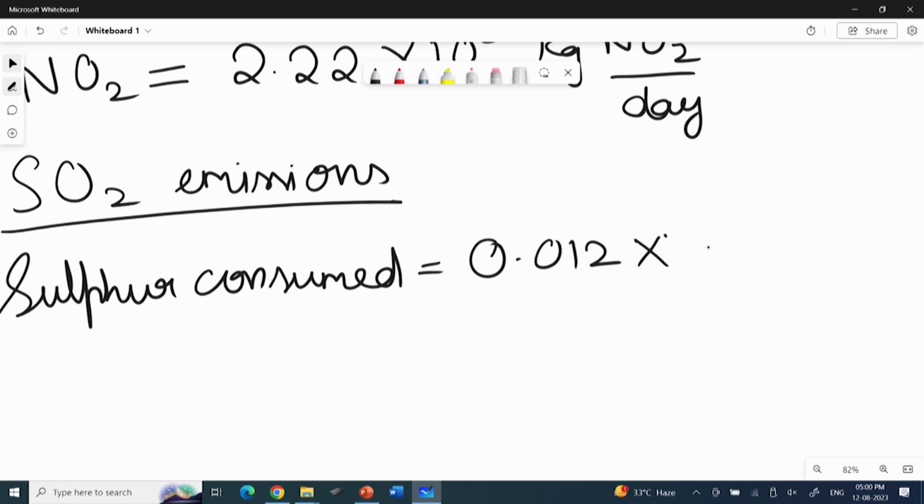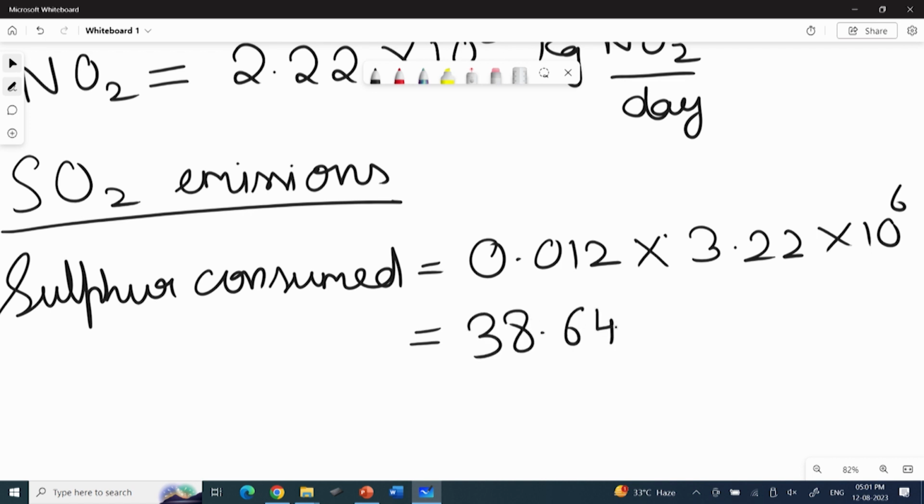We have already calculated the amount of coal utilized, 3.22 into 10 to the power 6, and this value would come around to be 38.64 into 10 to the power 3 kg of sulfur that is consumed.